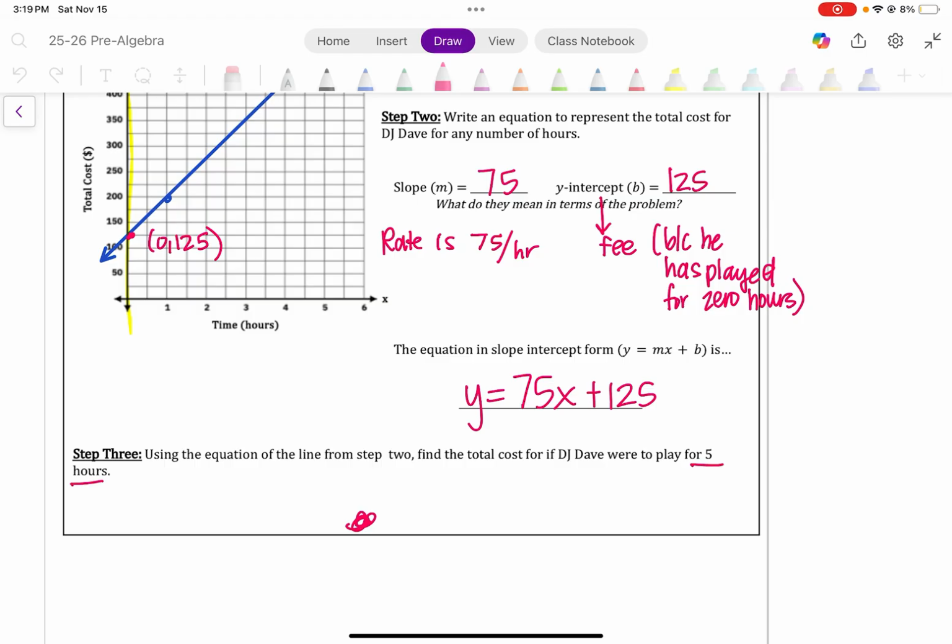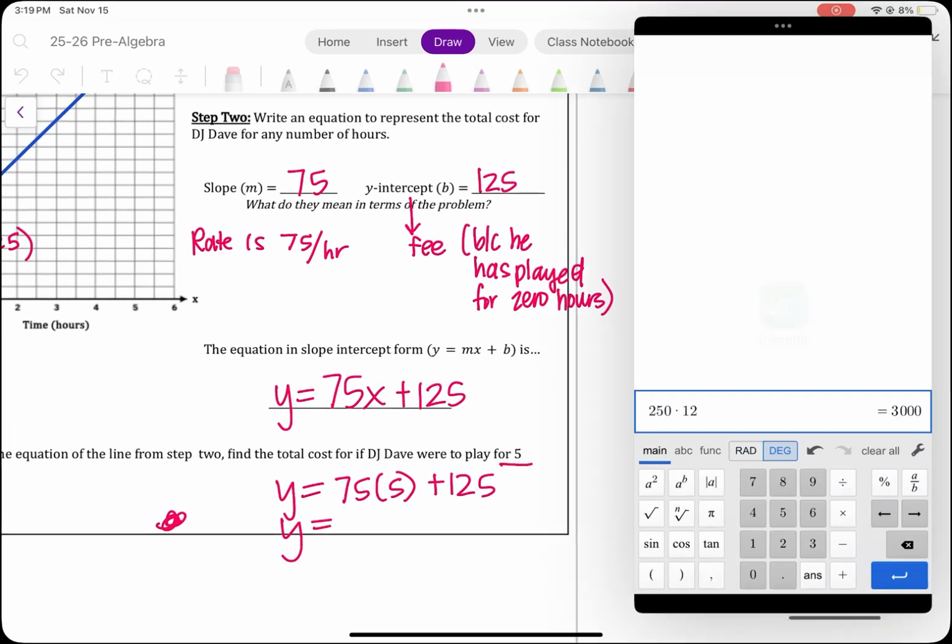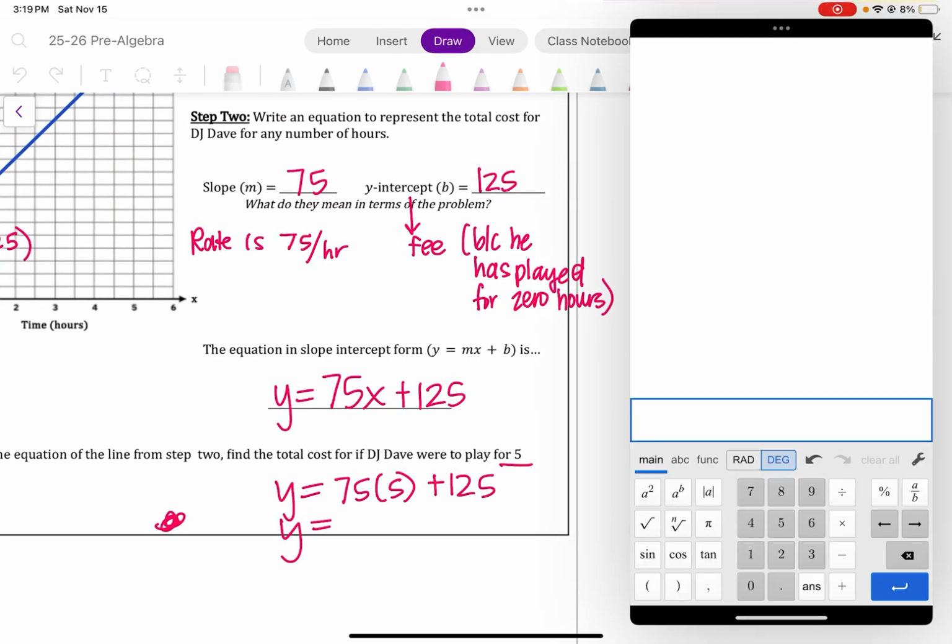So we'll use the equation y equals 75 times 5 plus 125. And when we use our calculator, 75 times 5 equals 375, plus 125, so y equals $500.